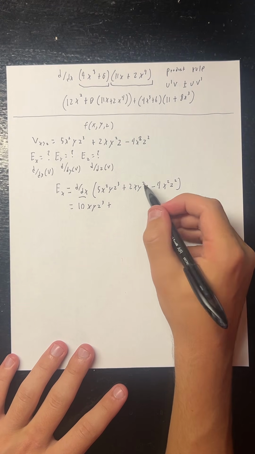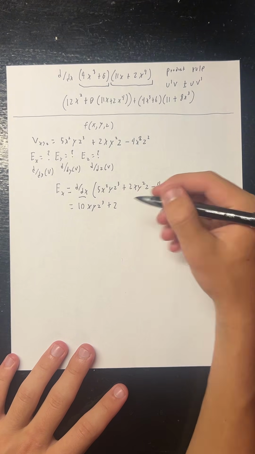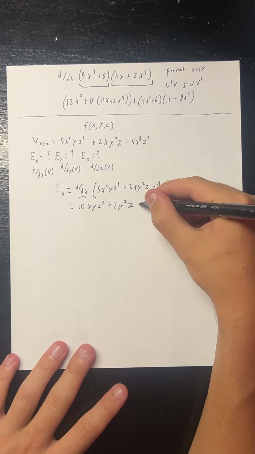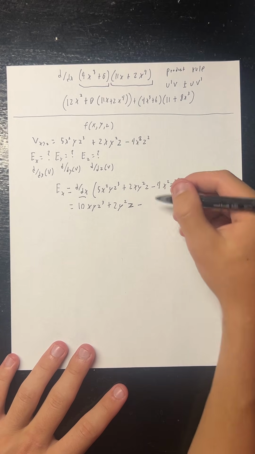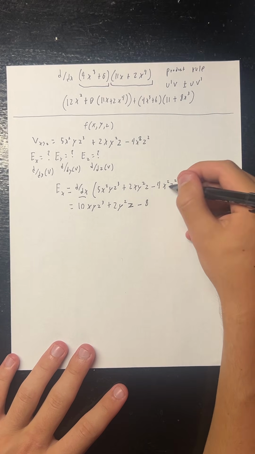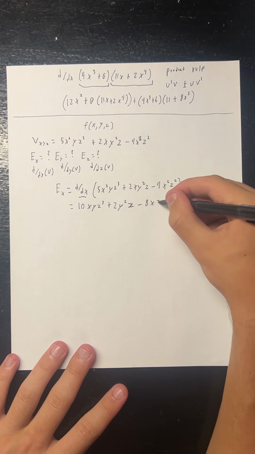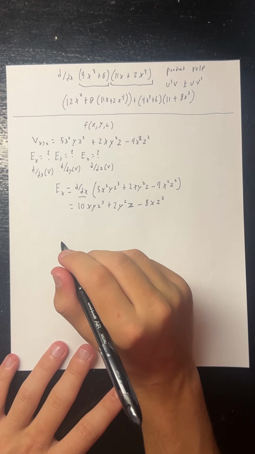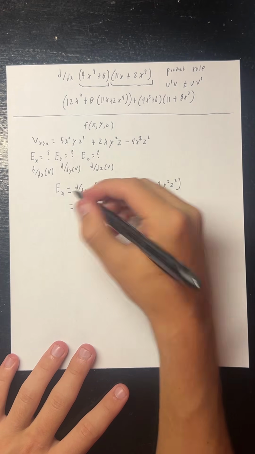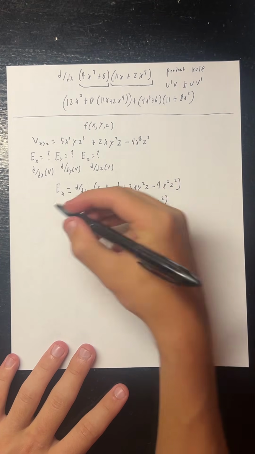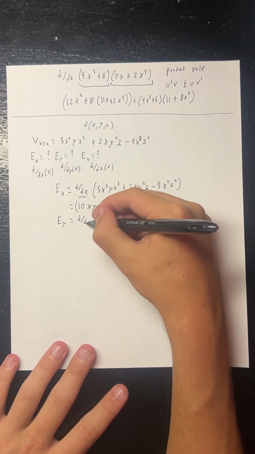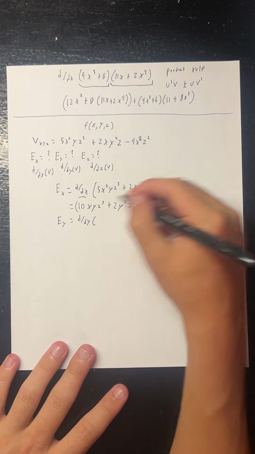Here we can just remove the x and keep it 2y squared z, minus 4 times 2 is 8, and then drop it 1, x and z squared. So that is the first one for the E sub x, right? You can just do that. Now E sub y equals the d/dy of that same equation.